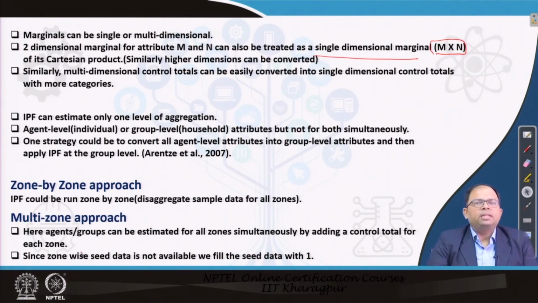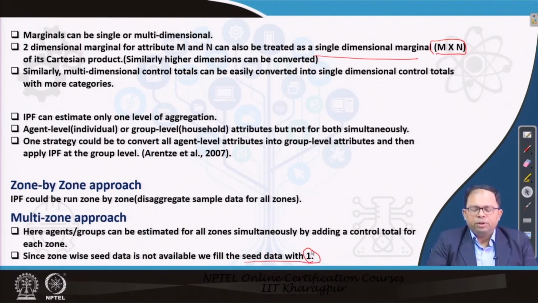That means first we determine the IPF for the entire urban area, we determine demographic groups for the entire urban area, and then taking zone as one level, adding another level, we can again divide this population into different zones. Since in most cases zone-wise seed data is not available, we use seed data as one, which means any equal seed data would be fine.